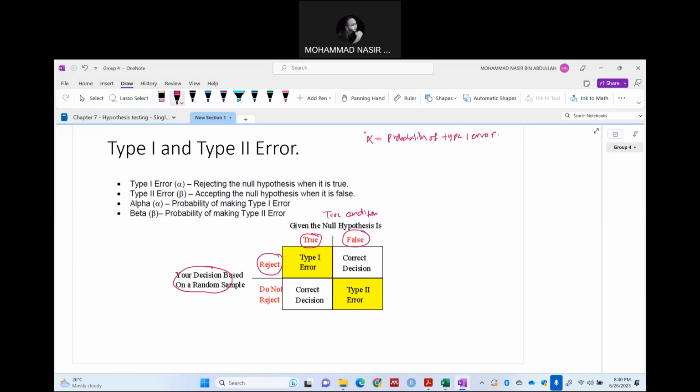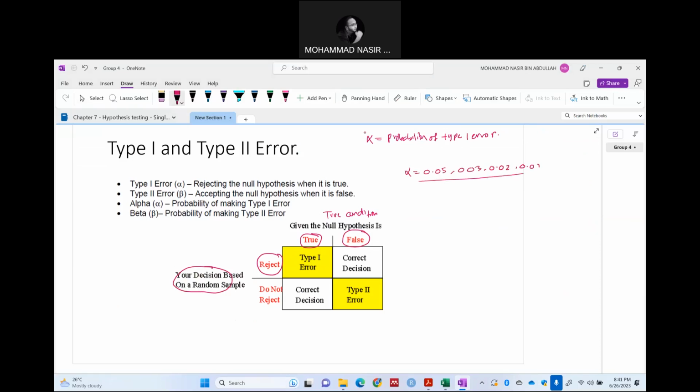So that's why alpha, which is the probability of type 1 error, is always less than 5%. Whether 5%, 0.05, 0.03, 0.02, 0.01, and so on.